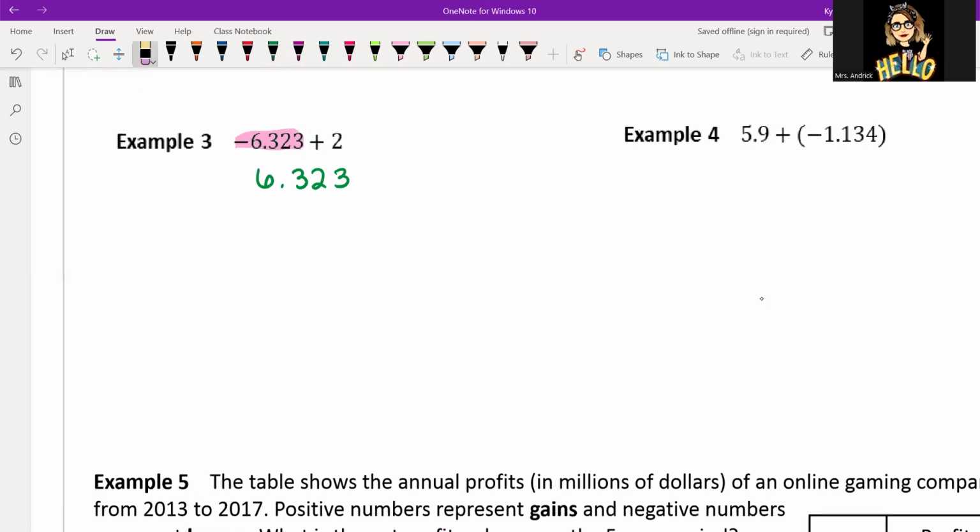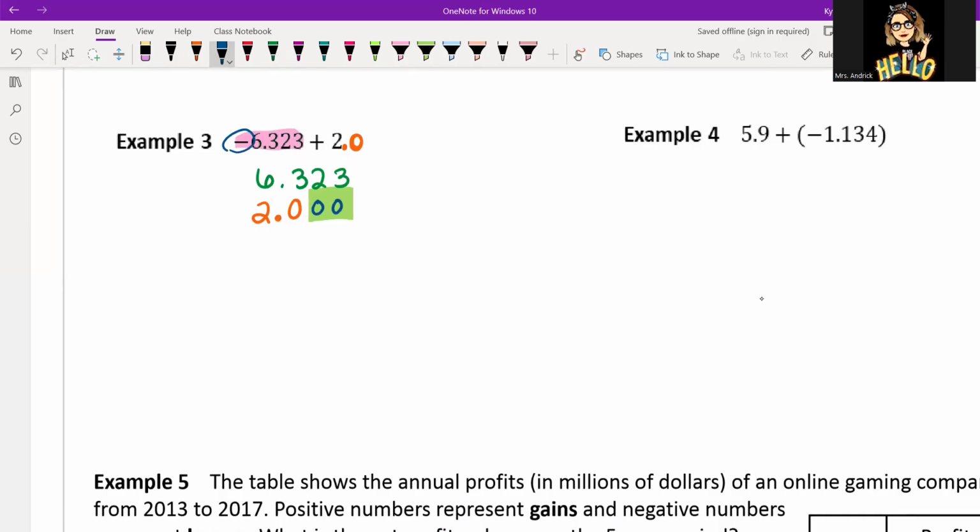There's no decimal point, so remember that there's technically a 0.0 here that we just don't write after every whole number. The 2 is going to line up under the 6, the decimal place, and there's a 0. Now we still have 2 place values missing, so we're going to add some zeros in there.